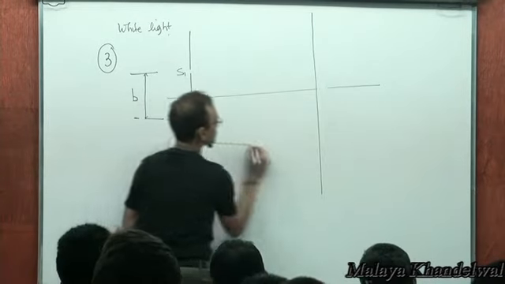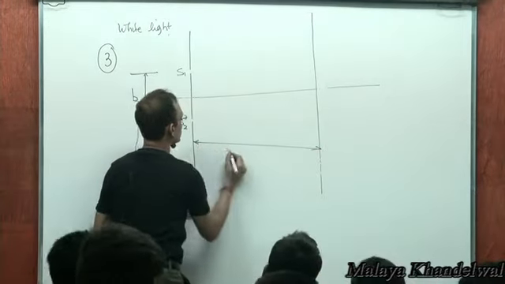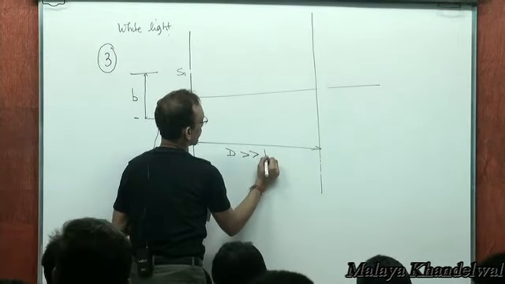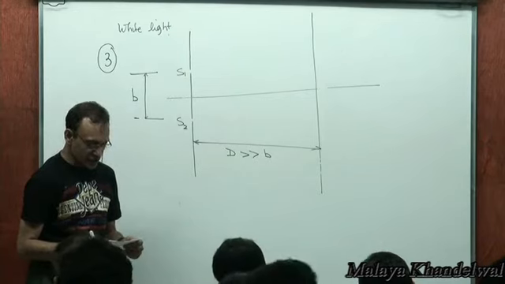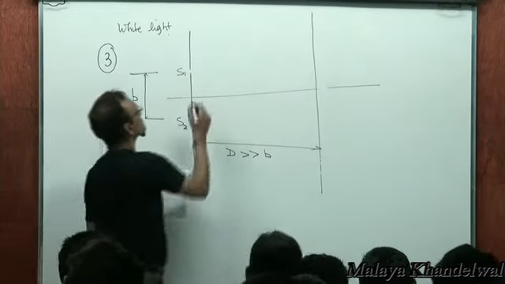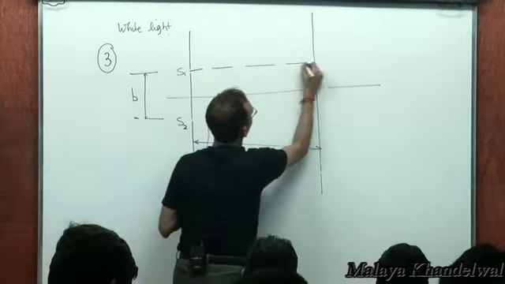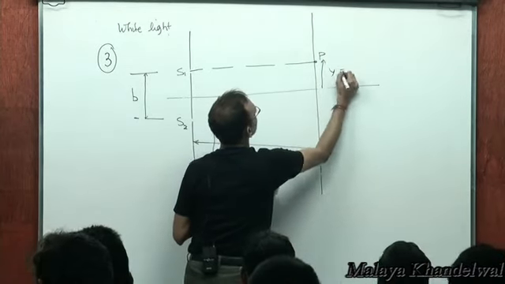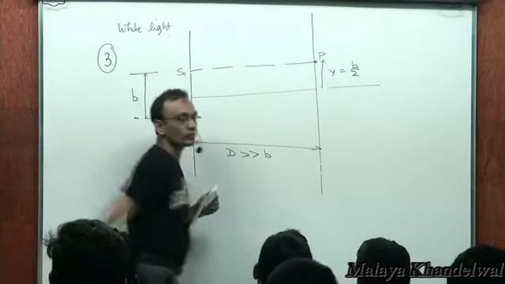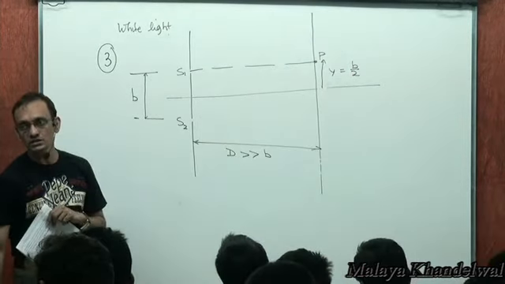The separation of the screen as before is capital D, much larger than small b. At a point on the screen directly in front of one of the slits, this is the point P, directly in front of one of the slits. That means the y of this point is b by 2, isn't it?